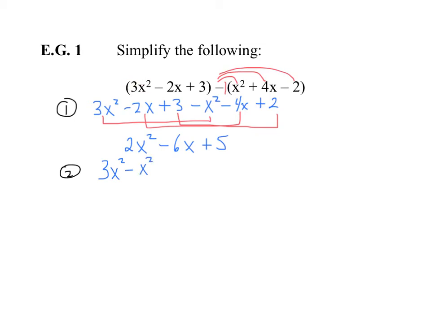So again, 3x squared minus x squared, and then back to the left, negative 2x minus negative, or minus 4x. Then the last, going back to the 3, positive 3 minus a negative 2, and minus a negative is plus 2. And here then we've combined our like terms already.